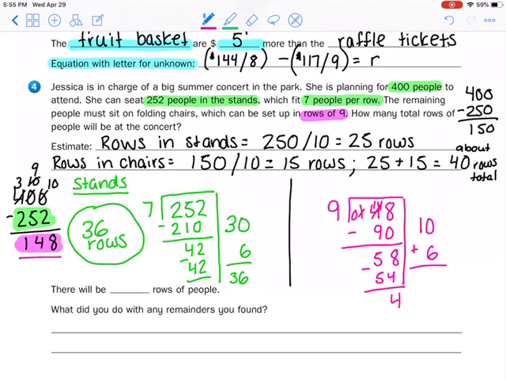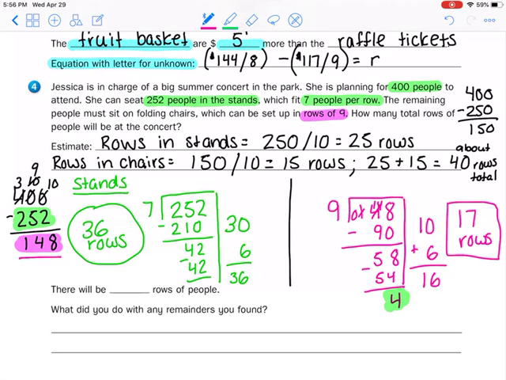So now remember, each row can hold 9 people. So is the last row going to be complete? No, because there'll be seats left over. So she has 16 rows, but we have to round up because of the remainder of 4, right? We can't just tell those people they can't come. We have to open up a whole other row for them to sit in. So actually, we have to add a row, which would be 17 rows.